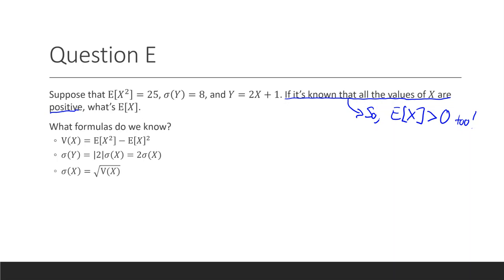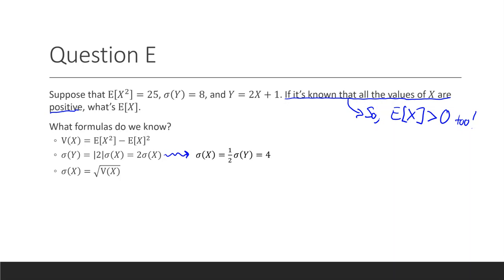All right. What does that second formula tell us in terms of using our givens? Well, the standard deviation of x, therefore, must be 1/2 of the standard deviation of y. But we know that the standard deviation of y is 8, and 1/2 of 8 is 4, so the standard deviation of x must be 4.